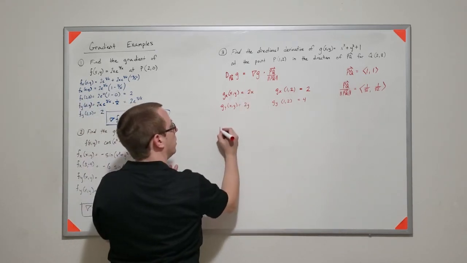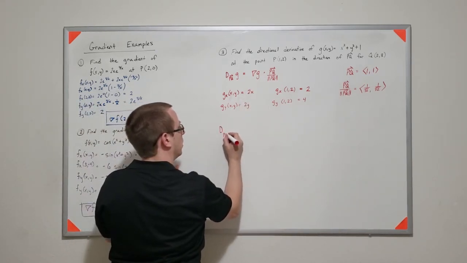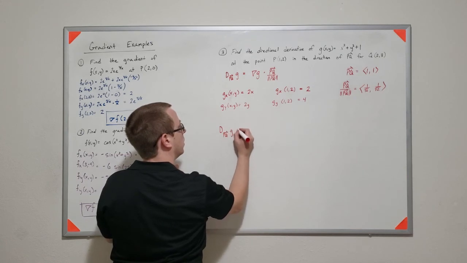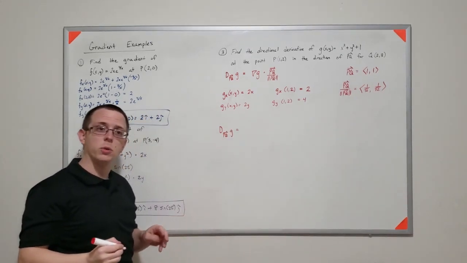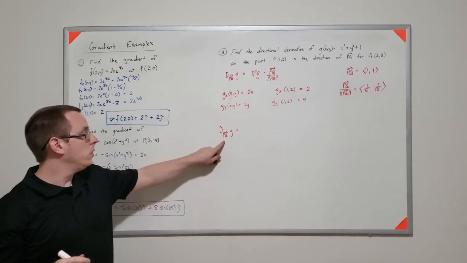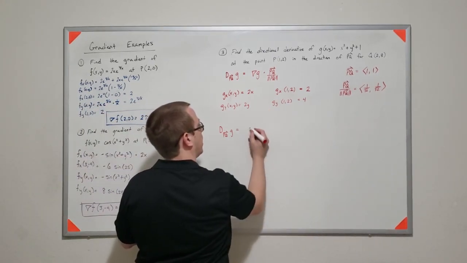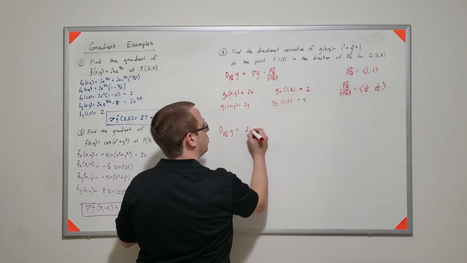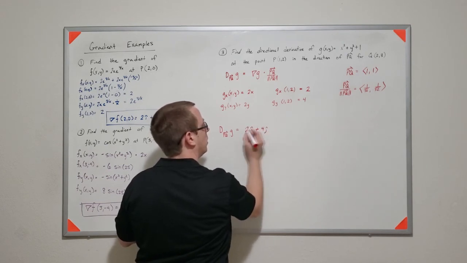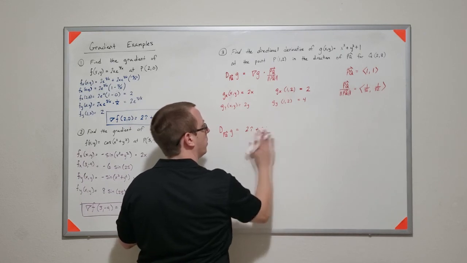So then we can take the directional derivative of g in the direction of PQ by taking 2i plus 4j, or rather, let's write it like this.